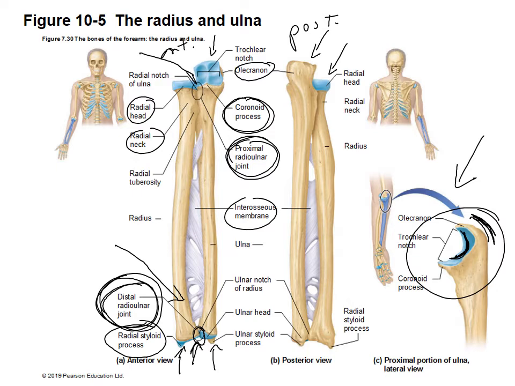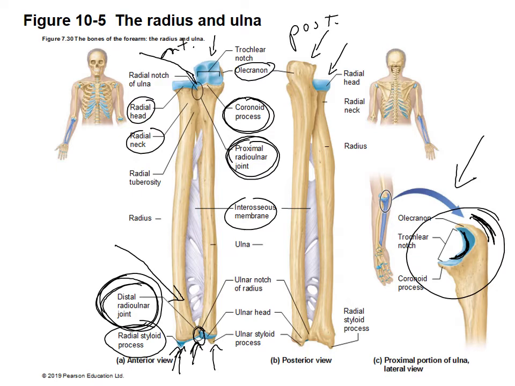So some things you look for: the radial styloid process, you always put that on the lateral side. Ski slope goes in front; it's anterior, and then the radial head is going to be the most proximal end. And then there's going to be a notch on the ulna where the radius fits into, so you know which side of the ulna the radius is going to fit into.